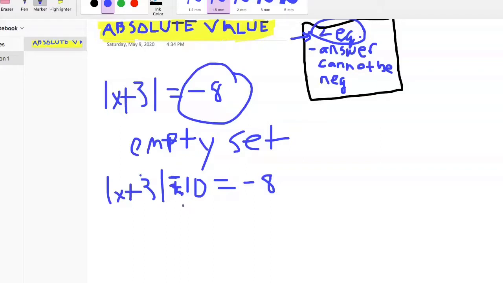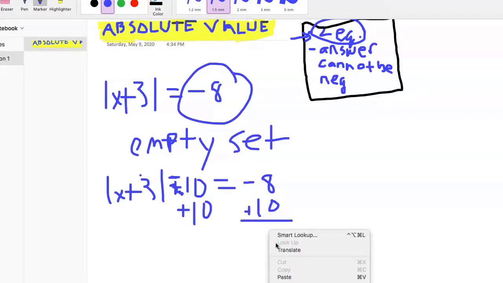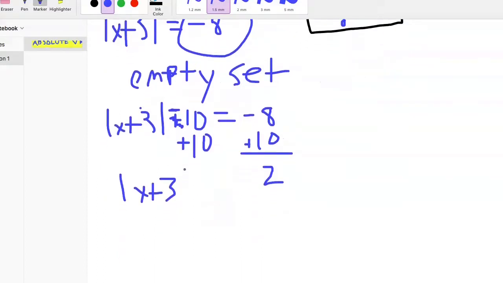And when you added 10 to both sides, then that would make this answer positive, right? Because negative 8 plus 10 is 2. Okay, and then now you'd have absolute value of x plus 3 equals 2, and then you could go ahead and solve it.